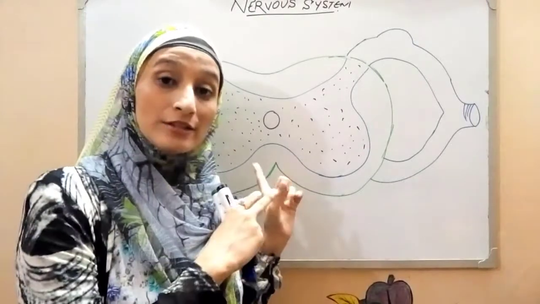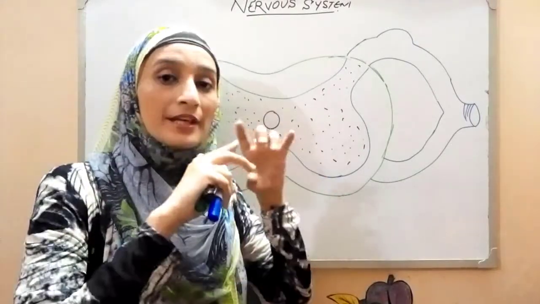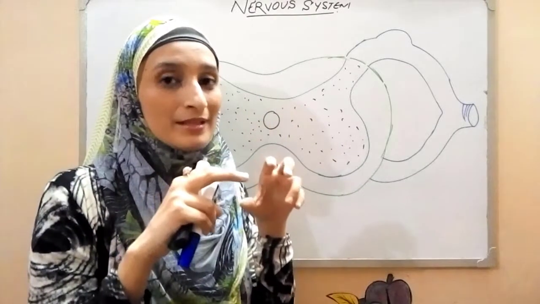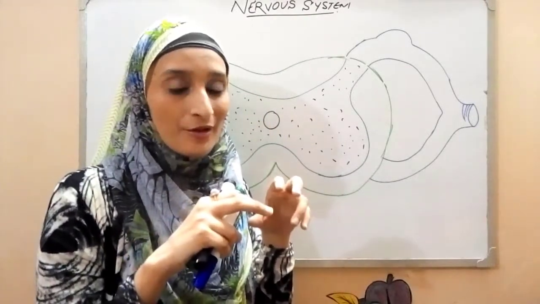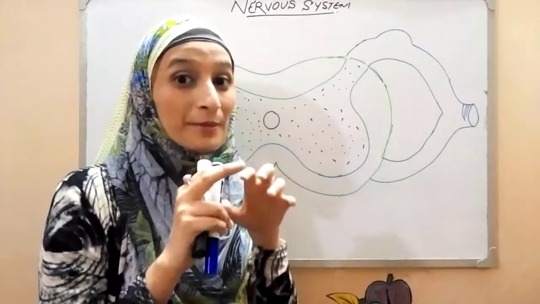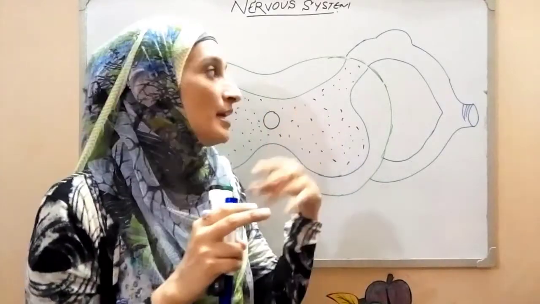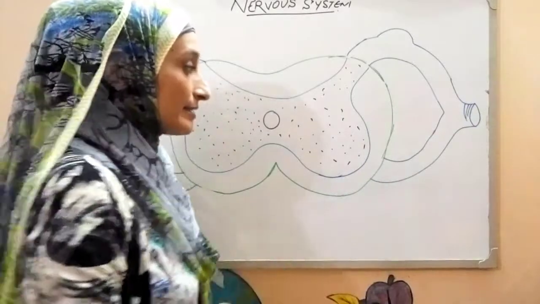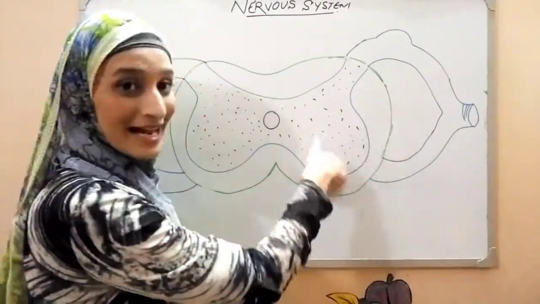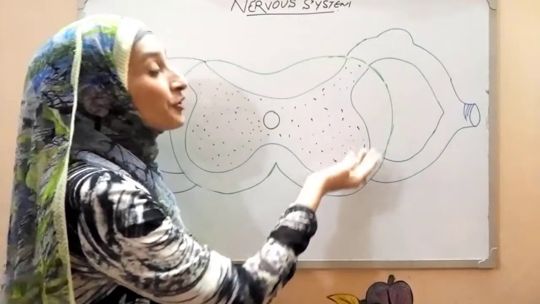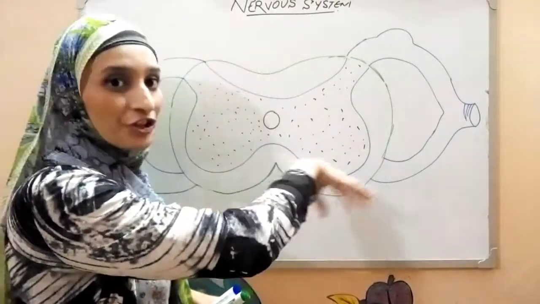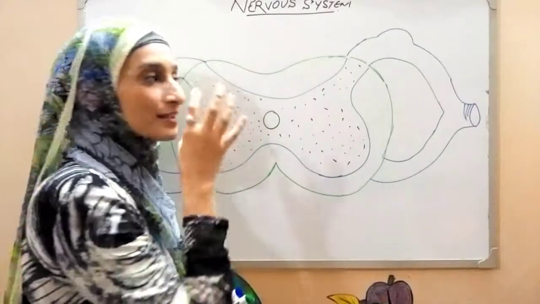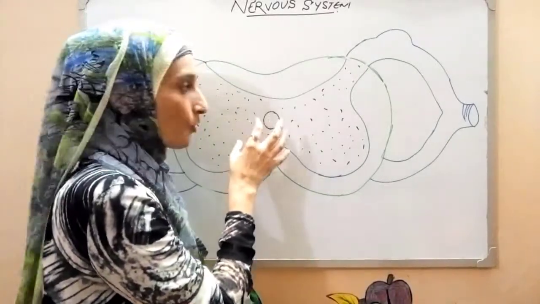In the case of the brain, when we talked about the cerebrum, the gray matter was covering the surface and the white matter was present inside, in the inner part of the cerebrum. In the case of the spinal cord, it's the other way around. The white matter is covering the outer aspect, encircling the gray matter, which is concentrated in the center of the spinal cord.